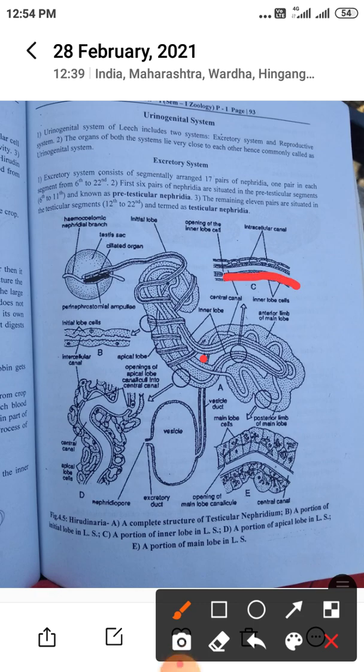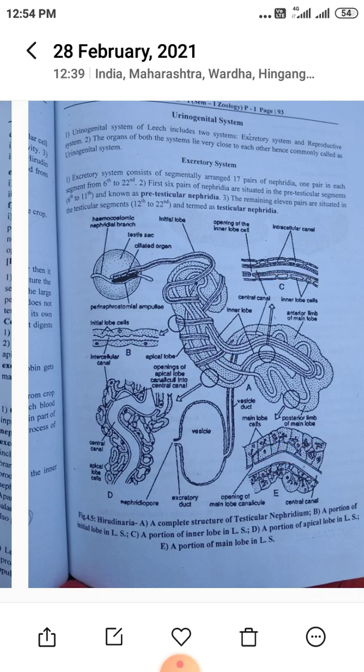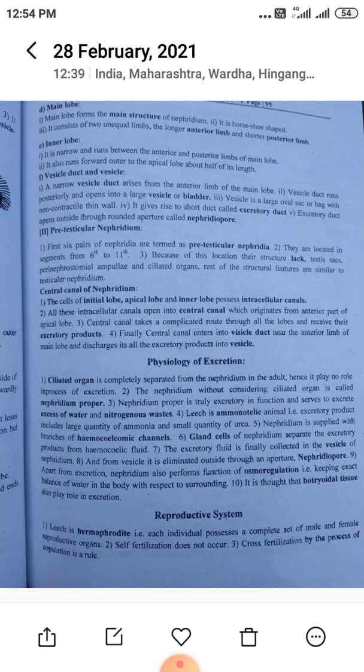This is an intracellular canal, and this is the posterior limb of the main lobe, which also contains canals that help transfer excretory product. The central canal takes a complicated route through all the lobes, meaning the inner lobe, main lobe and other lobes, and receives their excretory products.